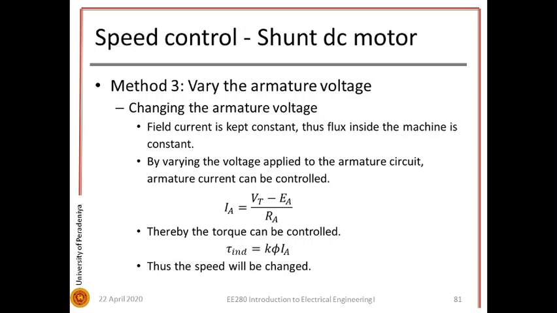So Ea is going to be constant. So what you are changing is the Vt value that you are going to apply to the machine. So Ra is going to be constant. So when you consider the torque speed characteristic equation, flux is constant and Ia is going to vary depending on the applied voltage to the armature circuit.